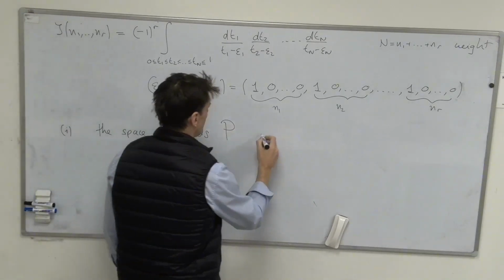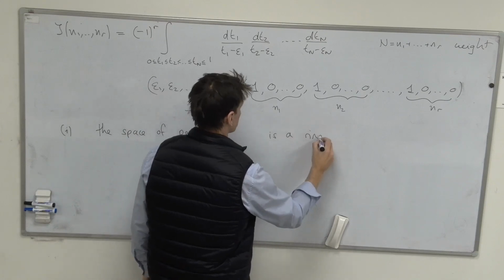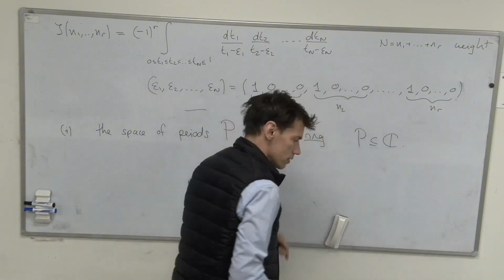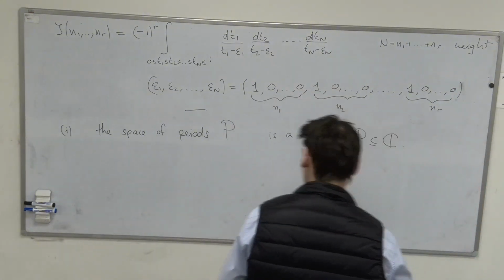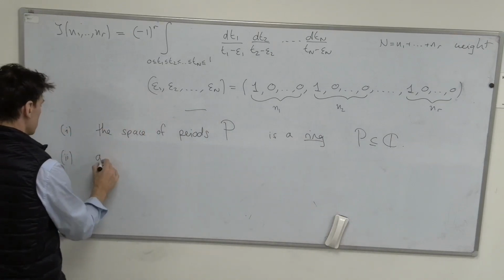But it's actually a ring. Is a ring. That's an algebra. So the product of two periods can be written as a linear combination of periods.